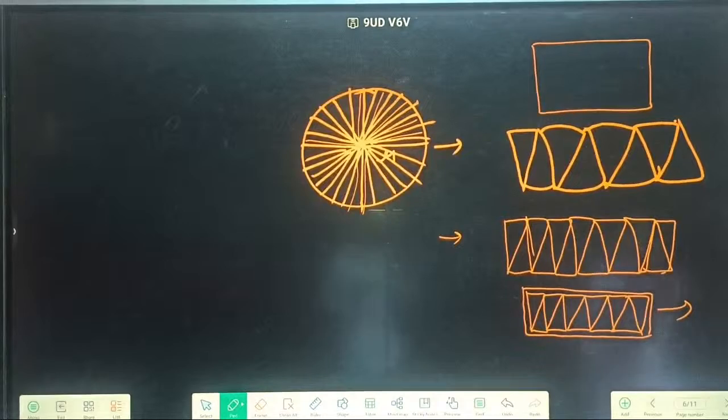What shape will you get? One rectangle shape. After dividing this circle into infinitely many small sectors and arranging, you get one rectangle.